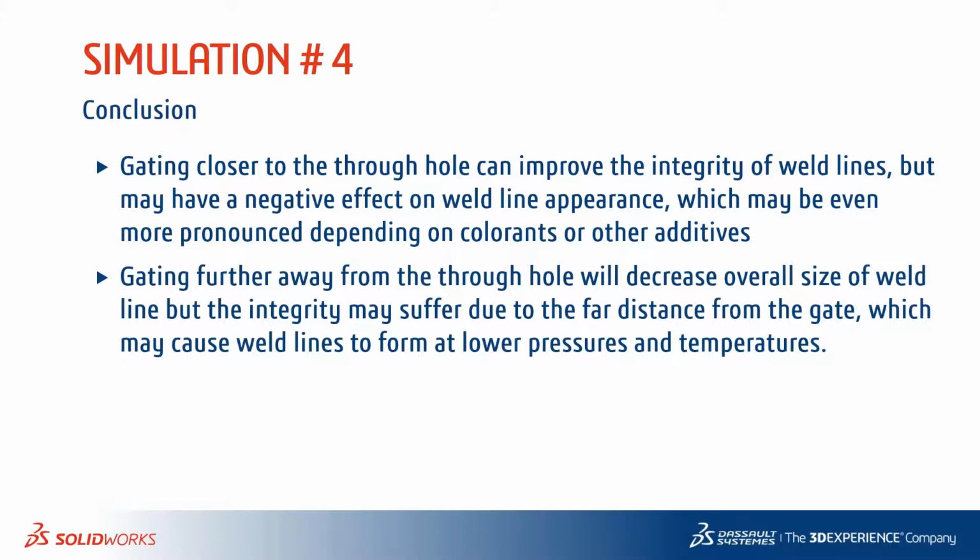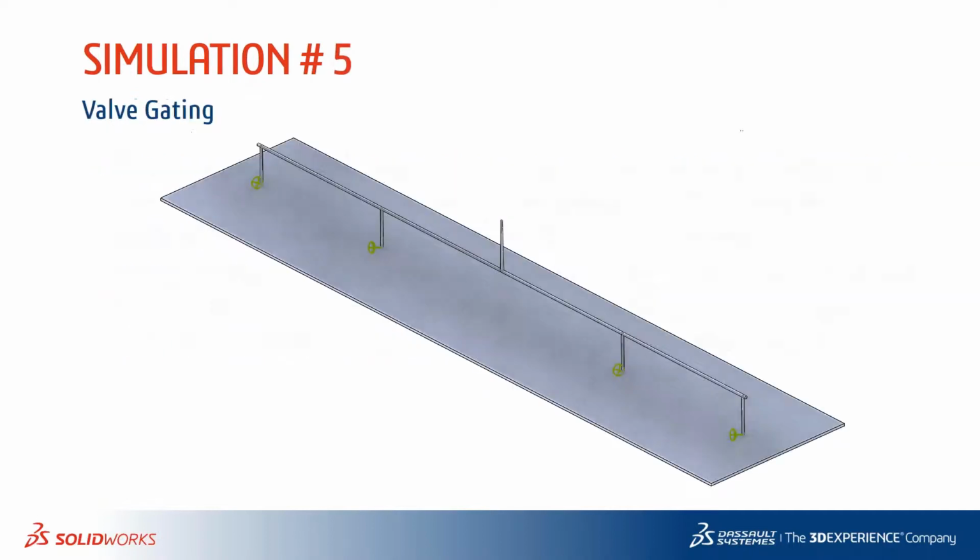Now, gating further away from the through hole, we saw that it can decrease the overall size of the weld line, but the strength may suffer due to the far distance from the gate, which can eventually cause the weld lines to form at lower pressures and lower temperatures.